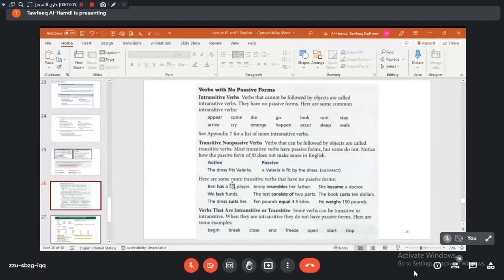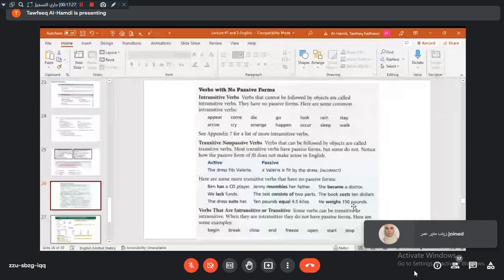The test consists of two parts. The book costs $10. The dress suits her. 10 pounds equal 4.5 kilos. He weighs 150 pounds.